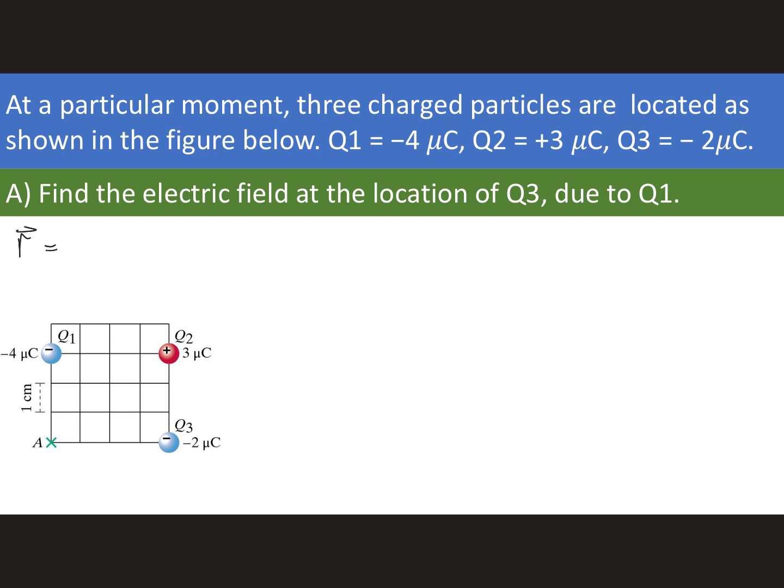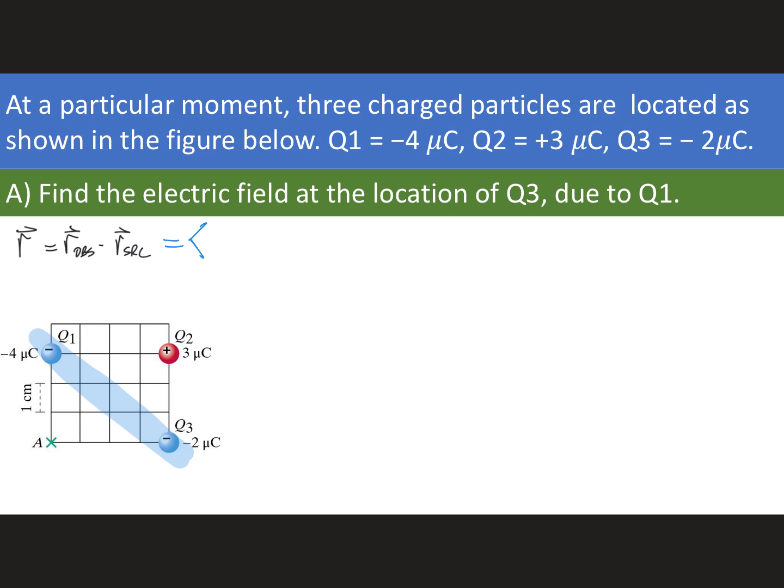And r is going to be r observation minus r source. And if we're talking about Q3 due to Q1, we're talking about this right here. So what's that going to be? Well, if you look at this, each square is a centimeter.